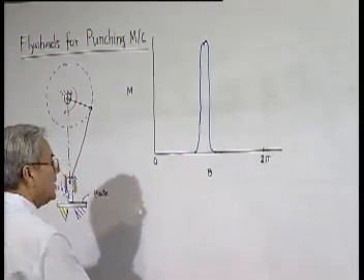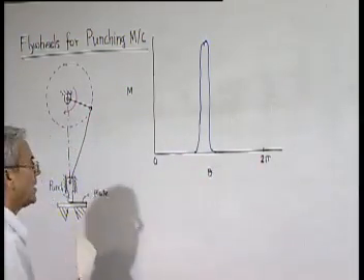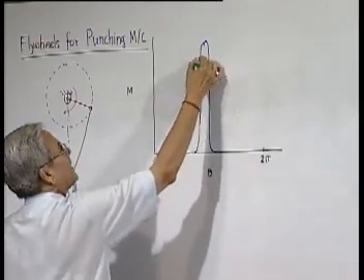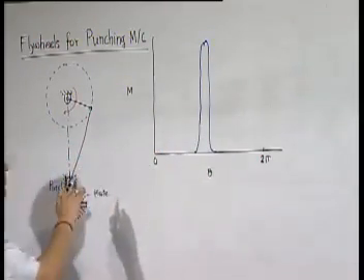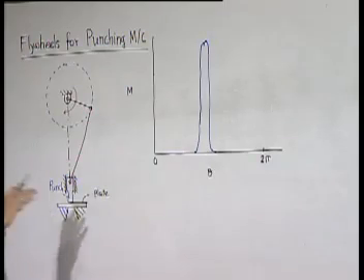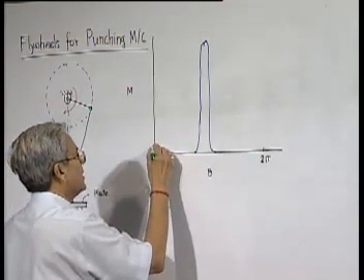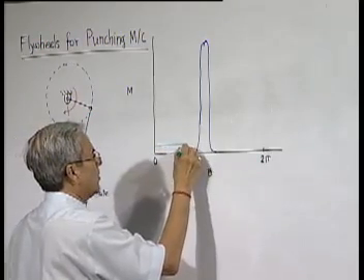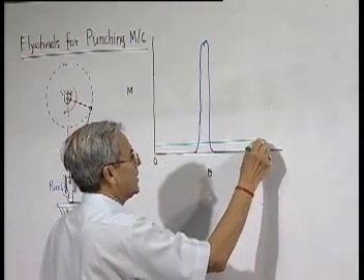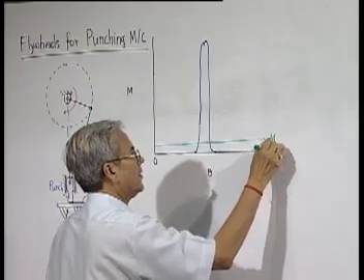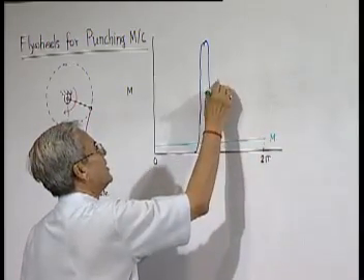And the amount of energy which is consumed here, which is given by this area, that same amount of energy must be supplied by the motor during one rotation. So the supply torque, which is constant, will be this, and this is MR.